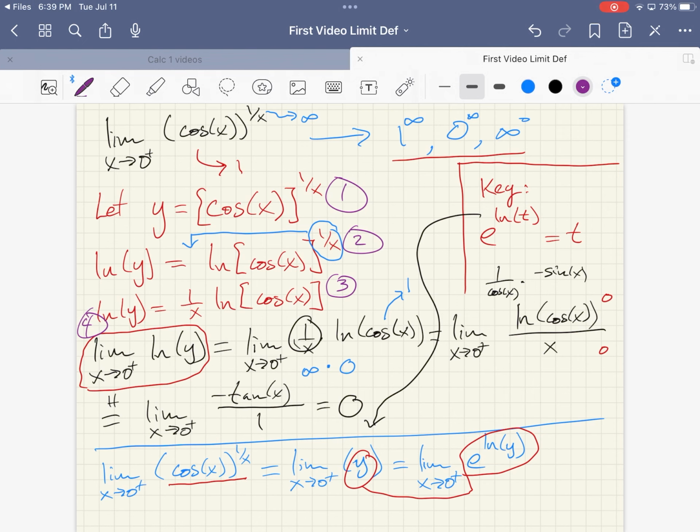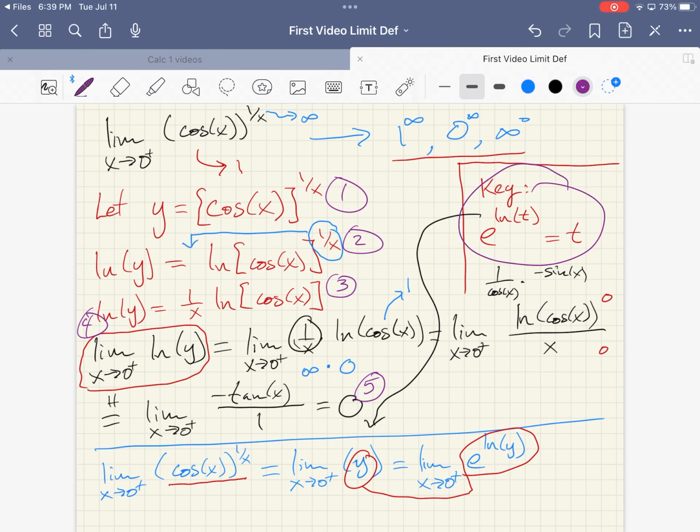And when you take that limit, it probably won't be in a L'Hopital's form, but you can move it to where it is. And you will wind up with some limit after you do L'Hopital's. Generally one time, but it might be possible that you're going to have to do L'Hopital's more than once. And so you wind up with a limit. But again, note that you wind up with a limit for the natural log of the function.